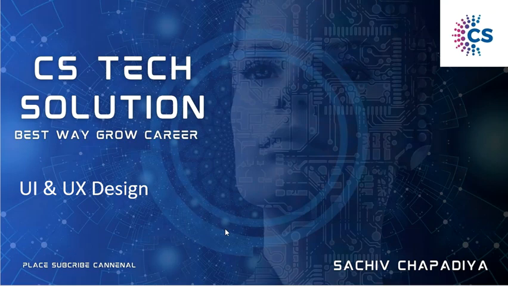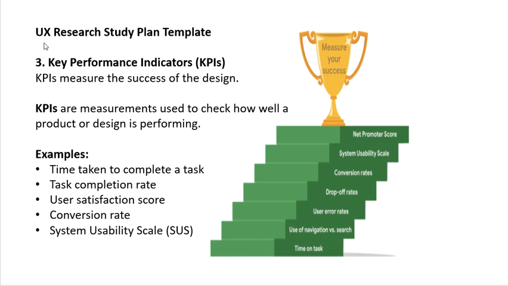Today we are learning UI/UX design. Today's topics are the UX research study plan template, and the third topic is key performance indicators, or KPIs. KPIs measure the success of a design.